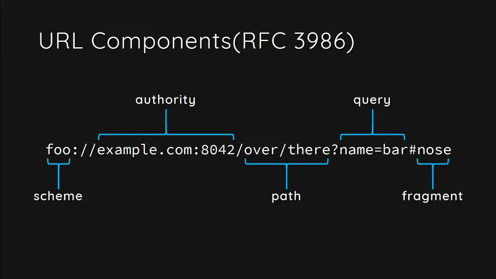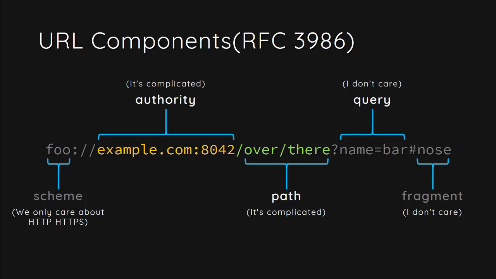How does the RFC define the URL? These are the URL components defined in RFC 3986. There are 5 parts in total: scheme, authority, path, query, and fragment. And this is what we will cover today: the scheme, authority, and path.